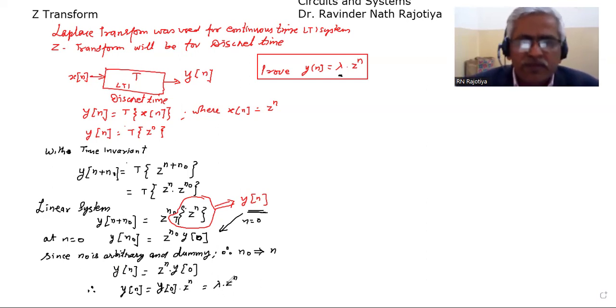So with this, you are able to say what the output response y of n for the signal z power of n will be. The response y of n is equal to y of 0 times z power of n, which is nothing but lambda times z power of n.